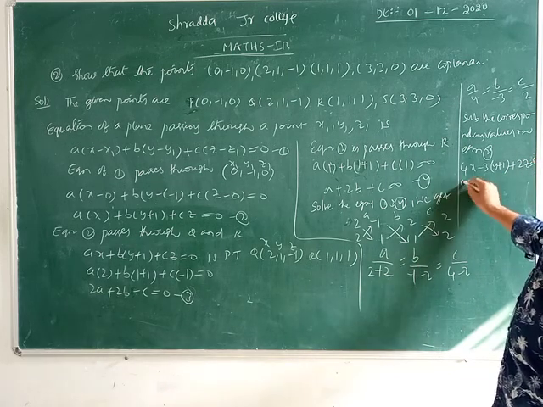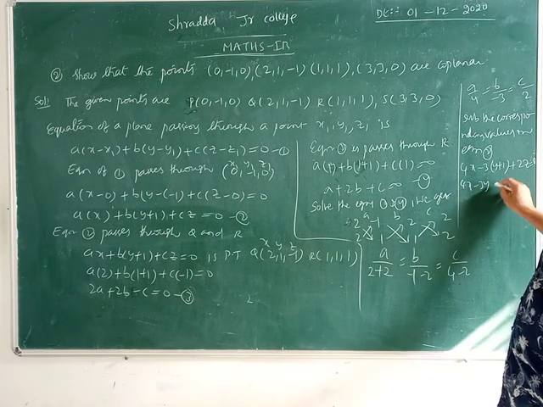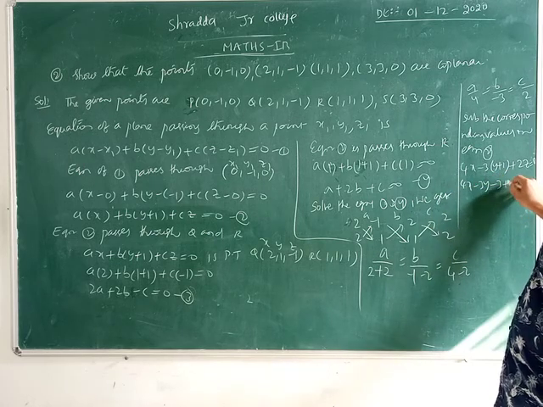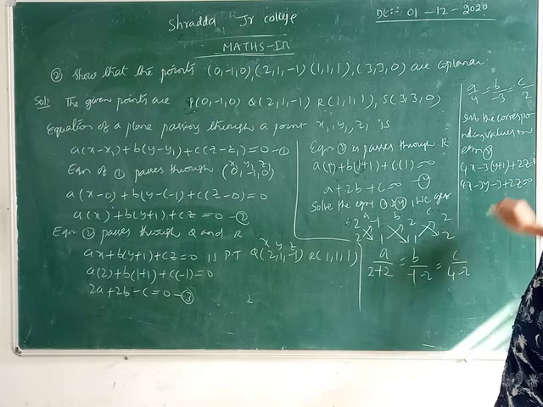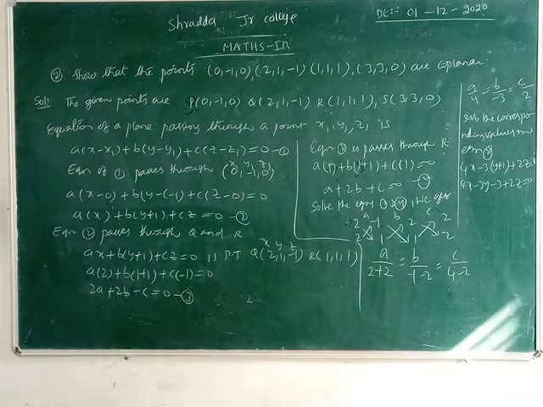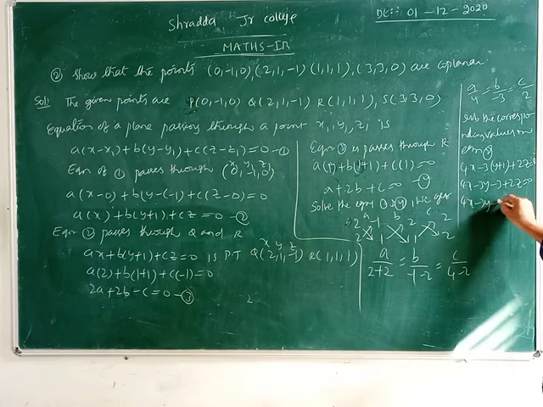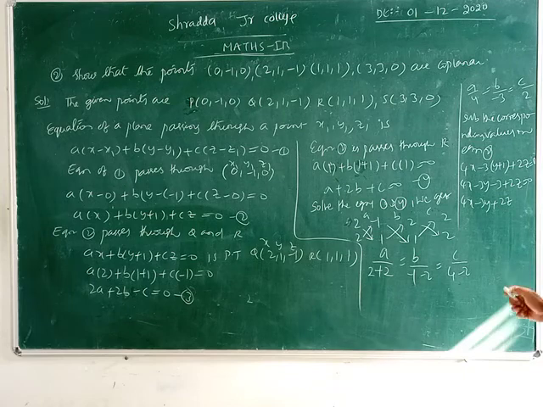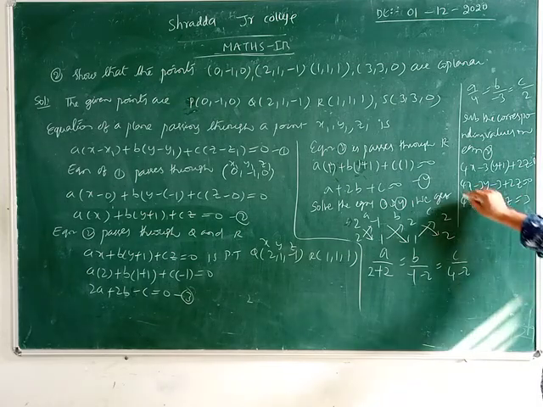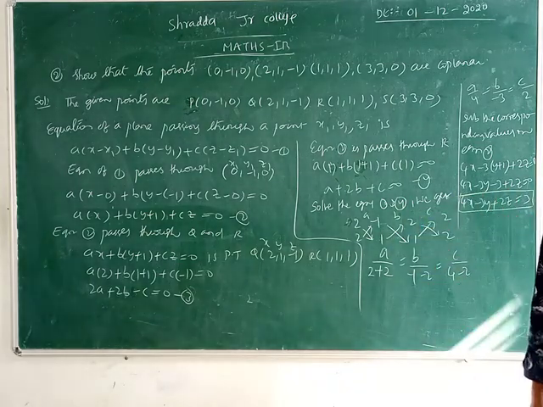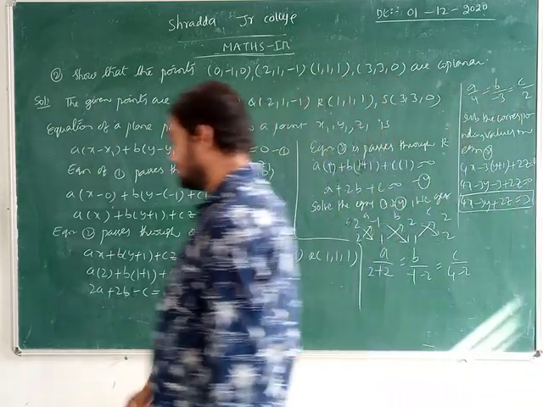So now 4x minus 3y minus 3 plus 2z equals 0. 4x minus 3y plus 2z, minus 3 comes this side, that is plus 3. Now this is our required equation of the plane.